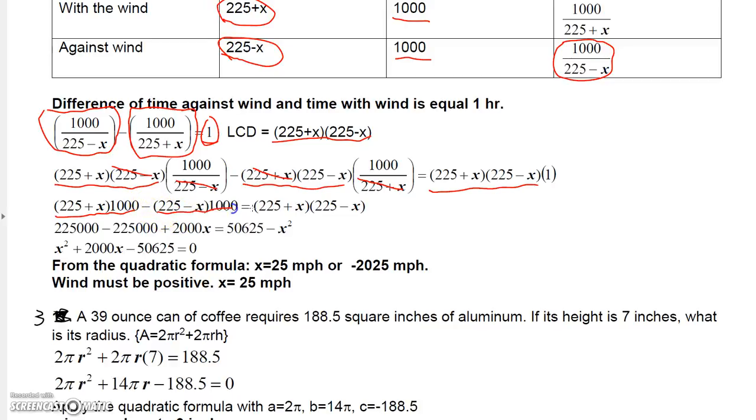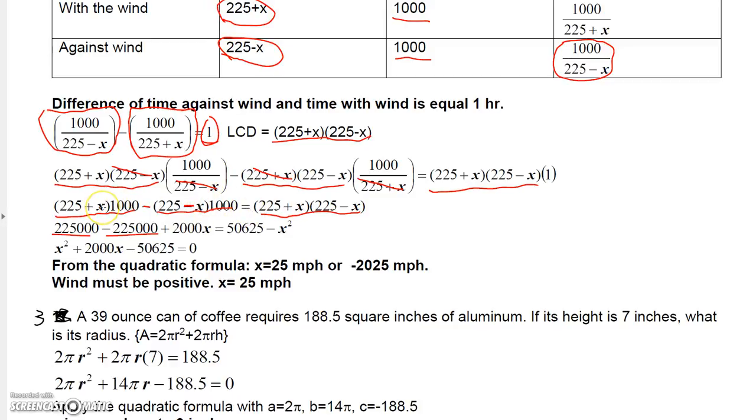So I have this. And then over here, I'm going to have the product of 225 plus x and 225 minus x. Now I had to grab my calculator. 225 times 1,000 is 225,000, and 1,000x is 1,000x. And then 225,000 is 225,000, but I have a minus, so it's a minus 225,000. I went ahead and just combined these two because this is 1,000x, and over here, you might want to work this out, but I have a minus and a minus, so that's actually going to be plus 1,000x.